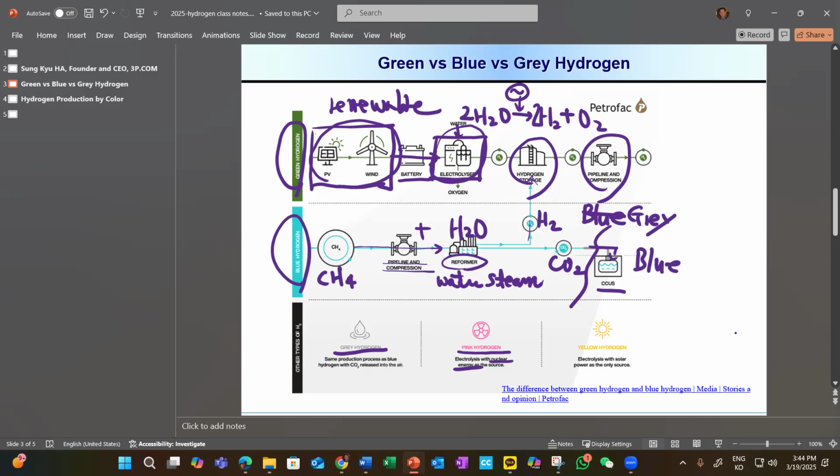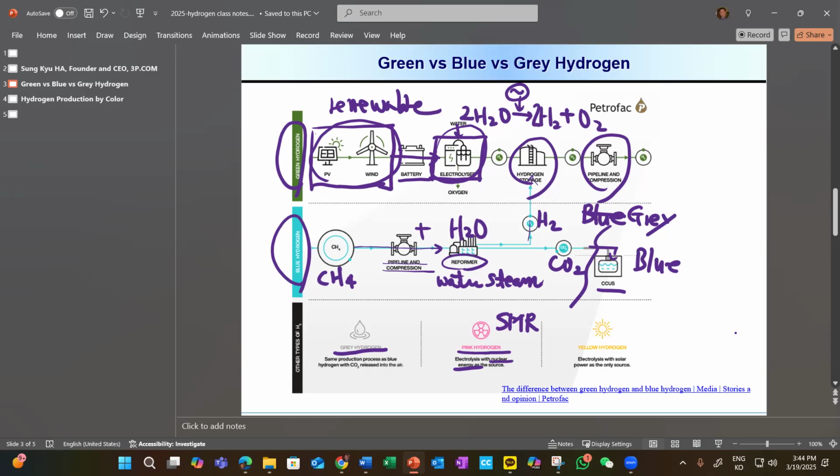Well, not much different, but there is another one called small modular reactor. Very important nuclear power system.